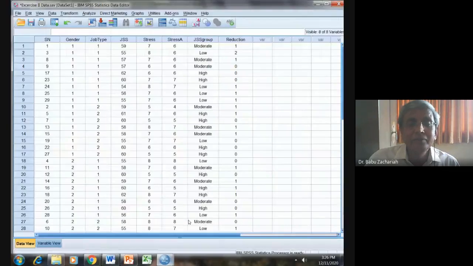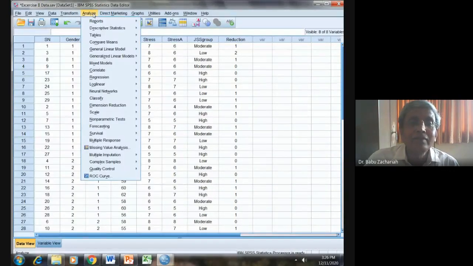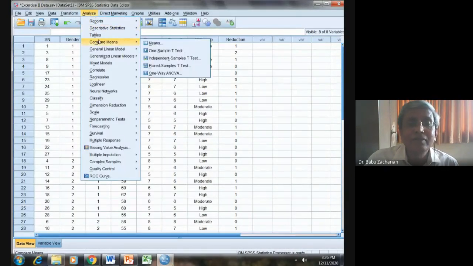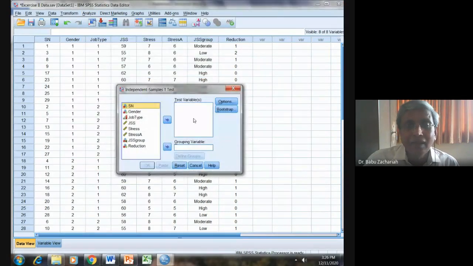Okay, how do we test? Come here, Analyze, Compare Means, Independent Samples t-test. And here you put JSS only, right? Yeah, JSS. Okay, the grouping variable is gender, male and female.